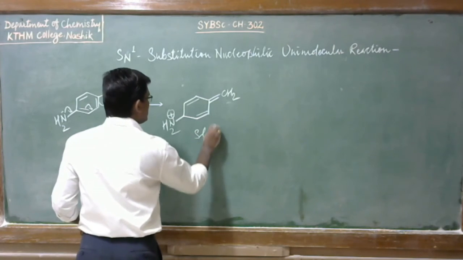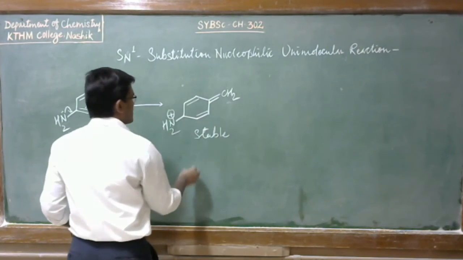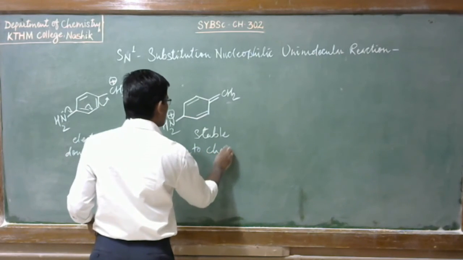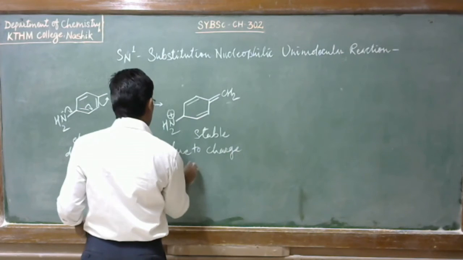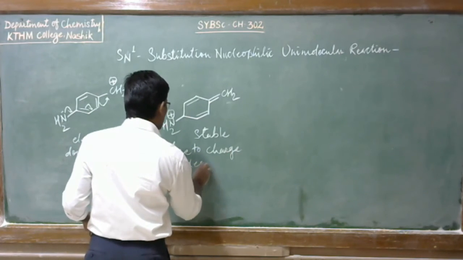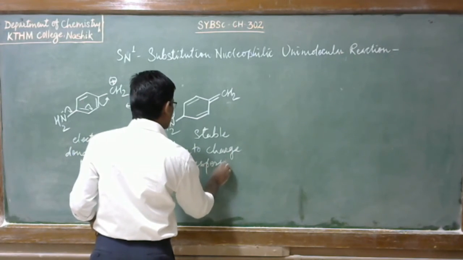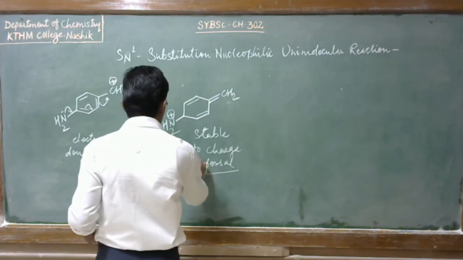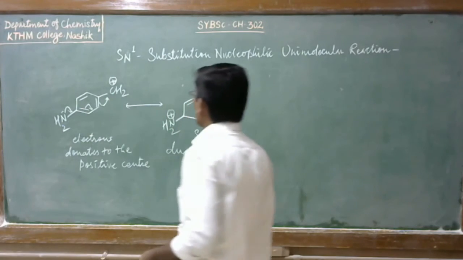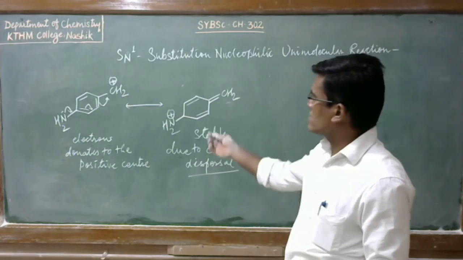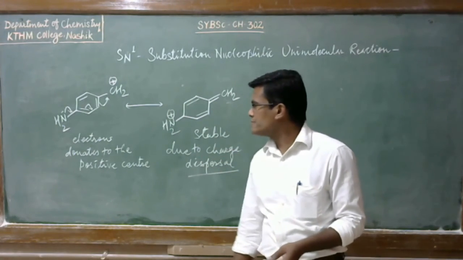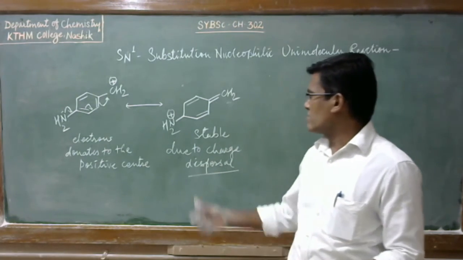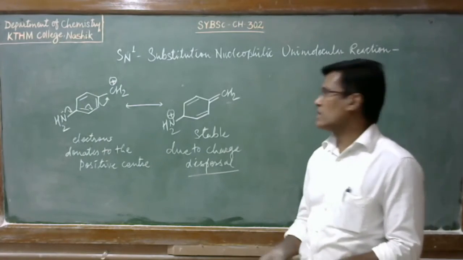The substrate which is having the electron donating group gives the electron to the positive center.